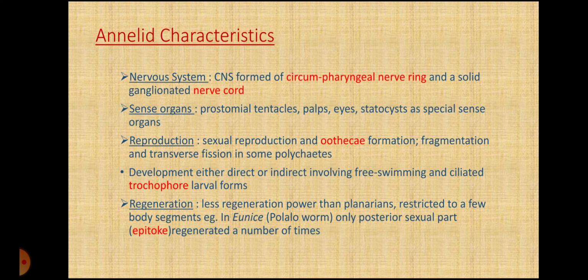Among annelids, a very interesting regenerative phenomenon is found in the palolo worm, in which the posterior sexual part called the epitoke is regenerated a number of times. This is perhaps to increase the chances of sexual reproduction in the palolo worm.